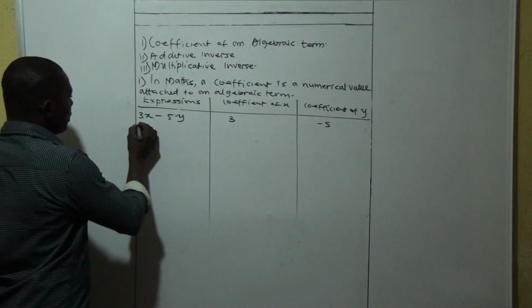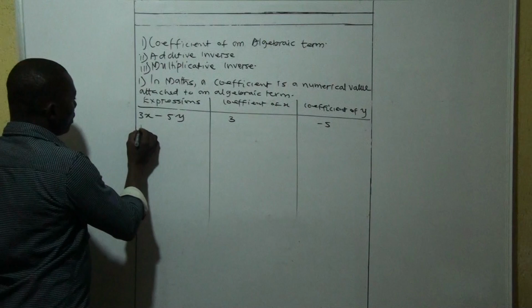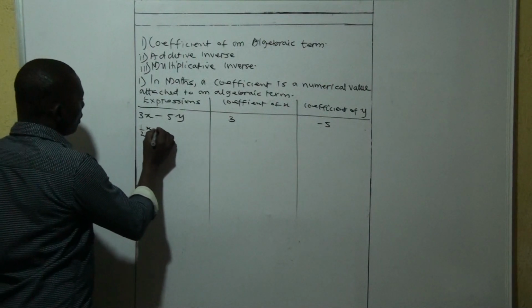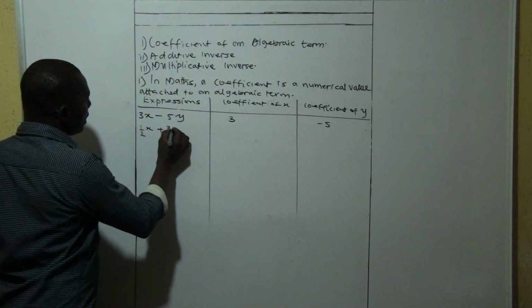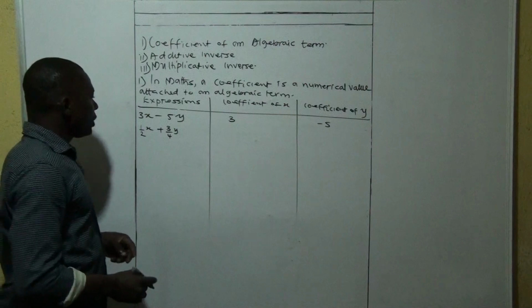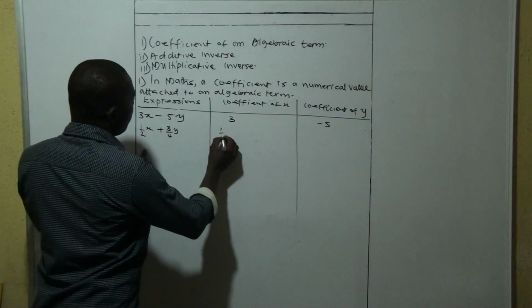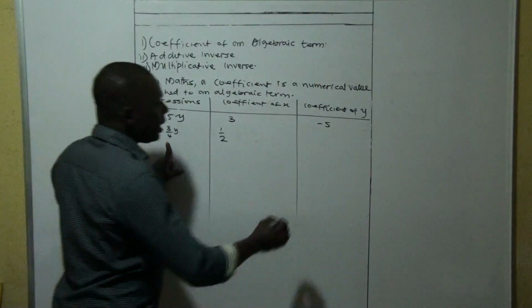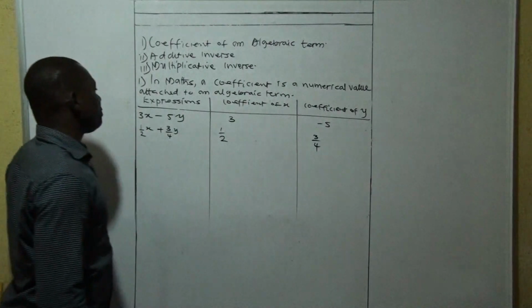So let's look at another example. We have x plus 3 over 4y. In this case, you see that the coefficient of x is half, and that of y is 3 over 4.